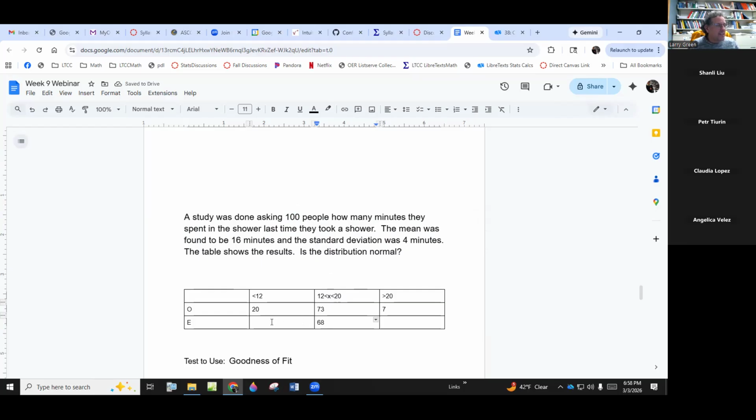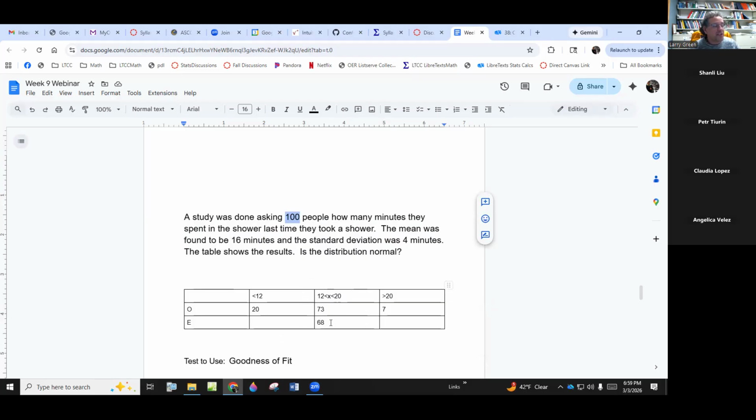Okay, now we need to find out the expected values less than 12 and greater than 20. Well, the normal distribution is symmetric. So that tells you that the number less than 12 needs to be the same as the number greater than 20. There's 68 in the middle area that came from the 100 people, so there's 100 minus 68 outside the middle area. 100 minus 68 happens to be 32.